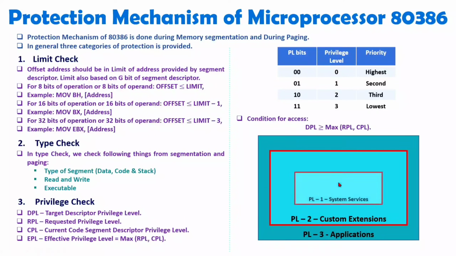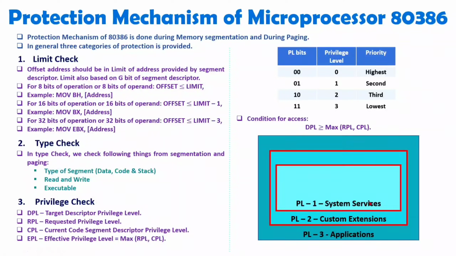In privilege level 1 there will be system services, and the highest privilege level, that is PL0, in that kernel based files will be there, right? So that is how privileges are defined, and based on that only user can access the data. So protection mechanism explains what? User cannot corrupt the files which are there in the interface of microprocessor, and for that protection mechanism is there.